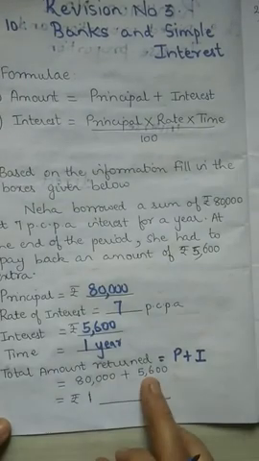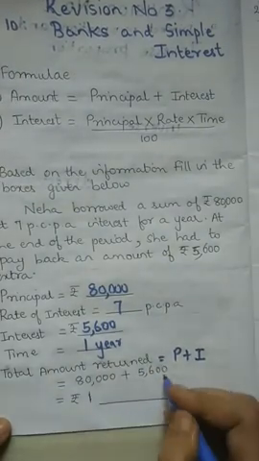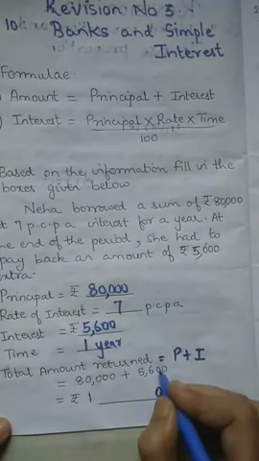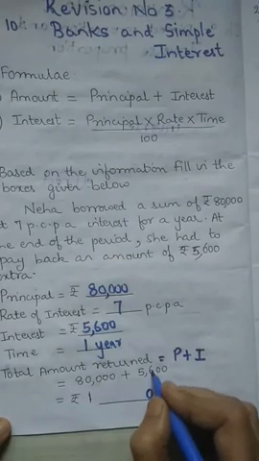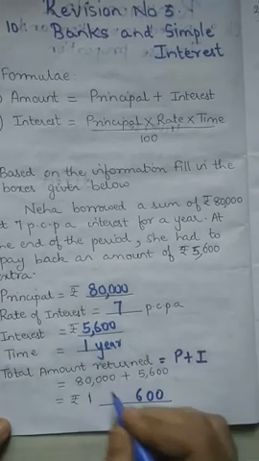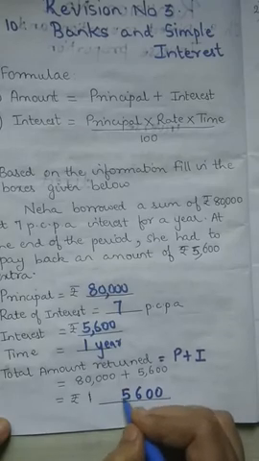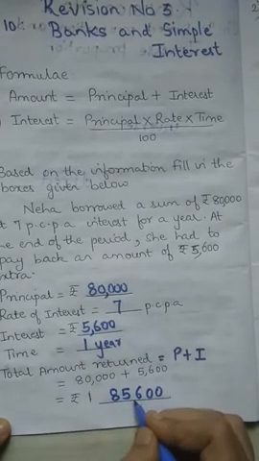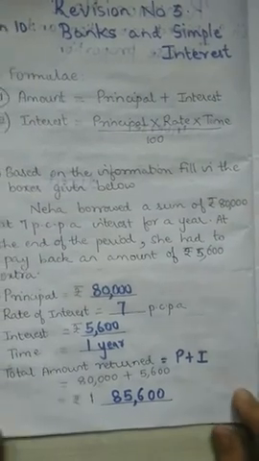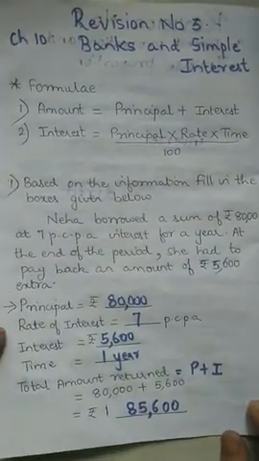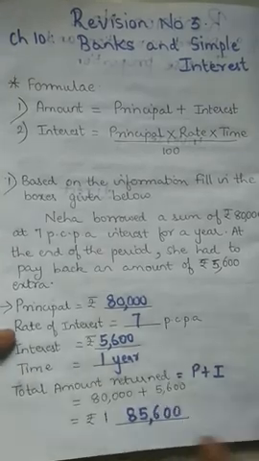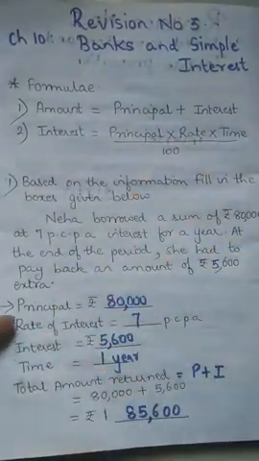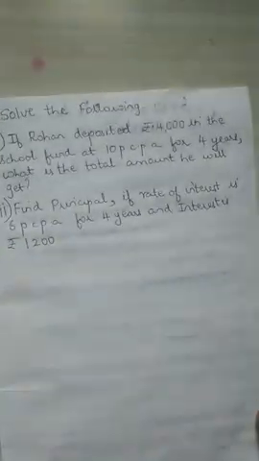So 80,000 plus 5,600 will give you how much? 0 and 0 will give you 0. 0 and 0 will give you another 0. 6 and 0 will give you 6. 0 and 5 will give you 5. And 8 with nothing will give you 8. So it is 85,600. Clear with these sums, girls? This was just reading the question and putting in the blanks. Let's see what our next question is.